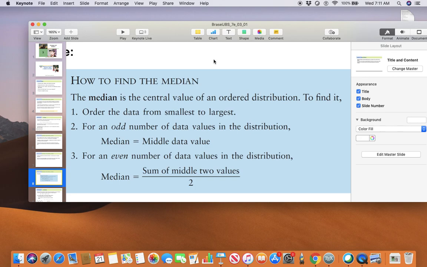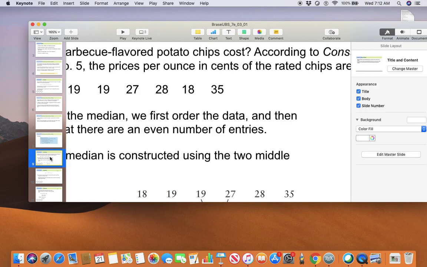But if you have 12 numbers, then there are 6 on one side and 6 on the other side. There is nothing in between. So what do you do? You take the average of the middle two. So median is the sum of the middle two values over 2. All right? Let's see an example.